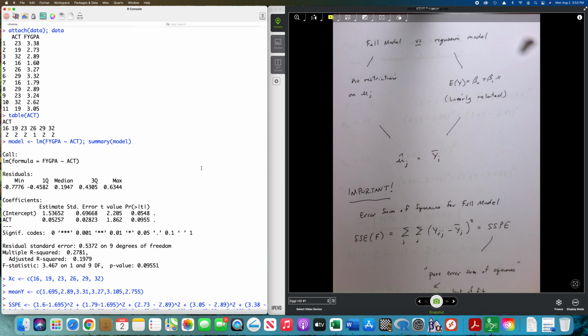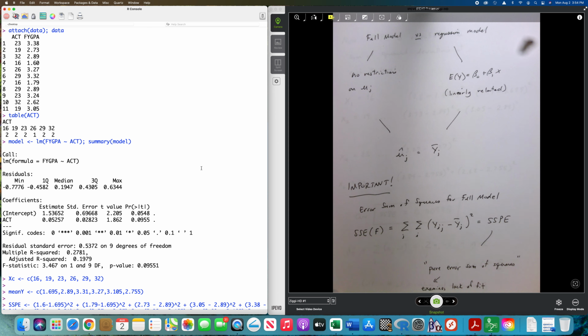Now, I'm going to move into some important calculations next. The first thing that we need to create is called the sum of squares for the full model. And there's a few places where I call this sum of squares error for the full.